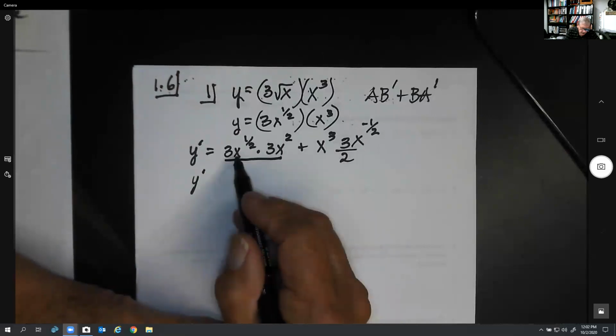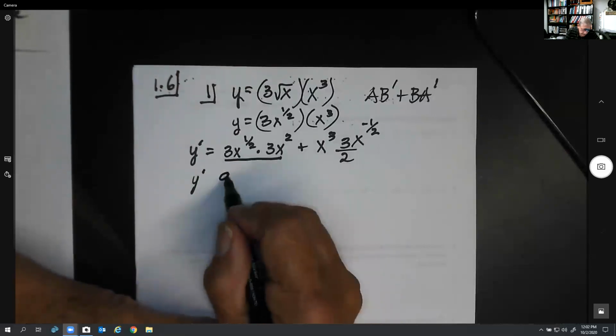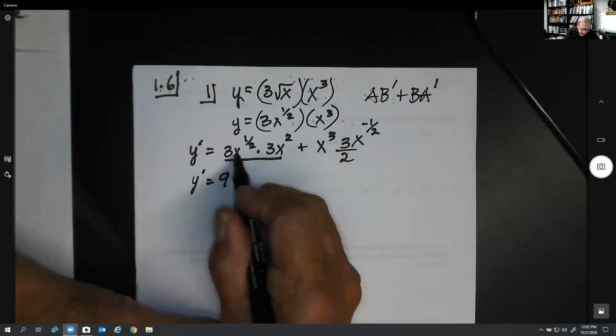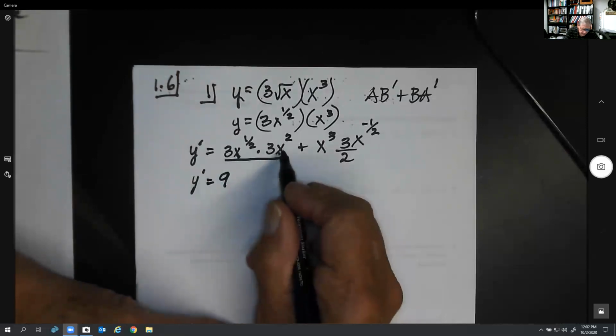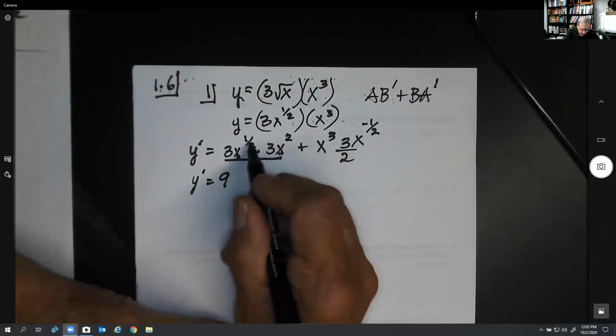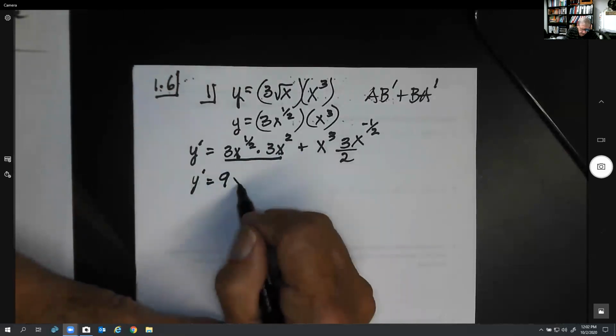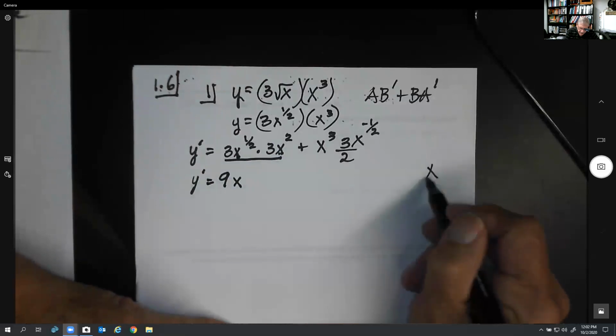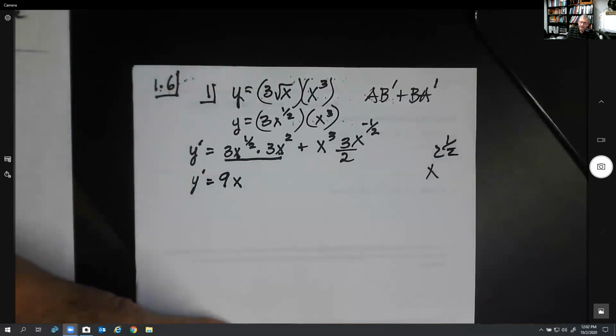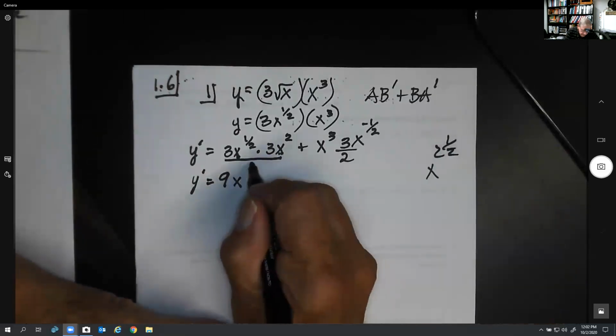So 3 times 3 is 9, and when the bases are the same, we're going to add the powers. So that would be x to the 2.5, but you're not going to write 2.5 down like that. You're going to write 5/2.